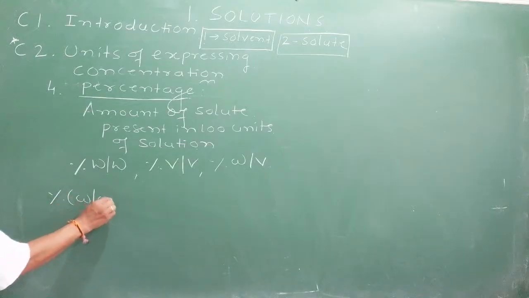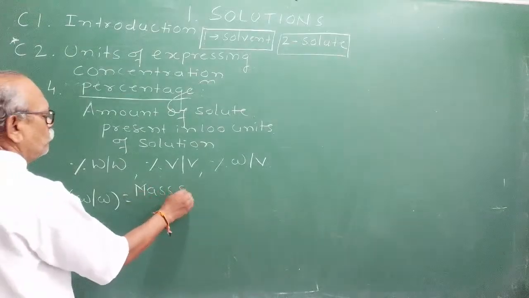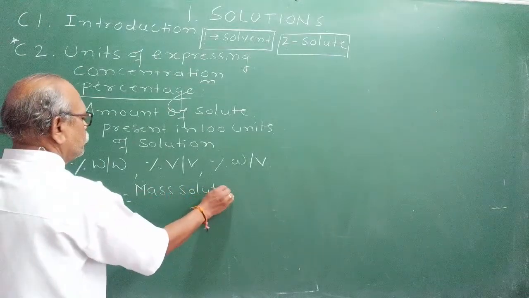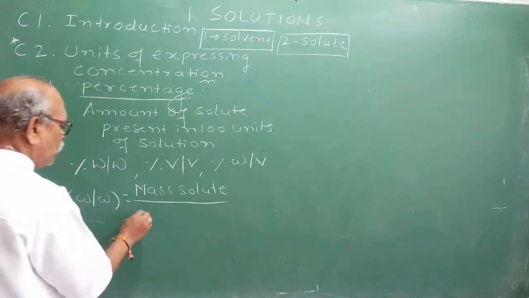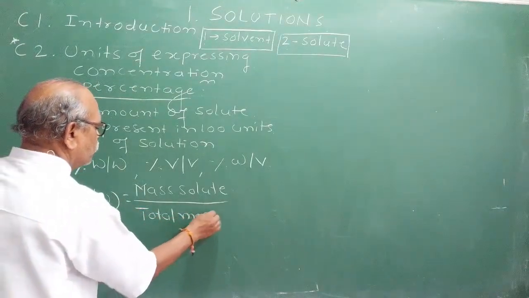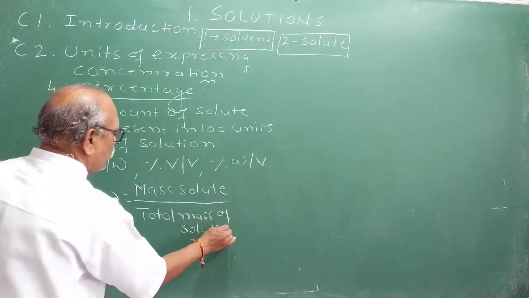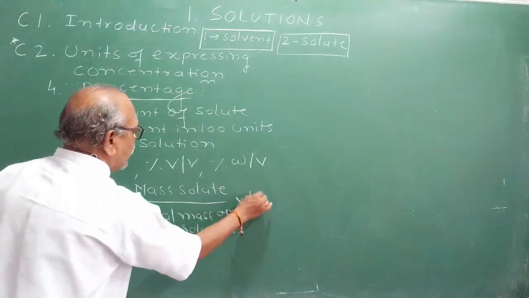Mass by mass is given by mass of solute divided by total mass of the solution, into 100.